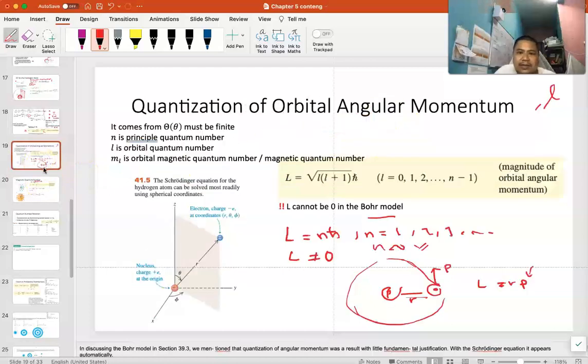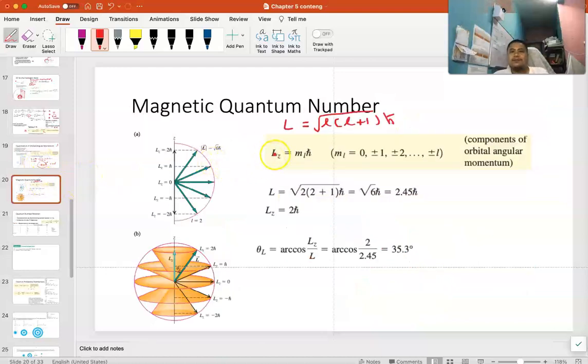In the visual form, the electron can be somewhere here or here, and it is orbiting. It can be around the spherical hydrogen atom. It can rotate there, and since the angular momentum is a vector, it can point here and rotate.